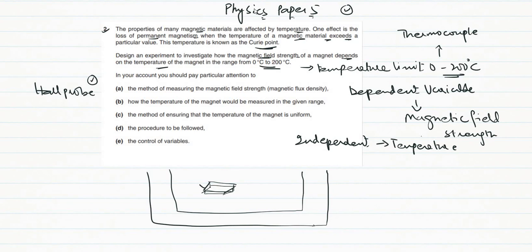We have a thermocouple attached to it, so that it reaches the 200 degree mark, so you should be aware of it. And right perpendicular to it, the Hall probe should be placed.